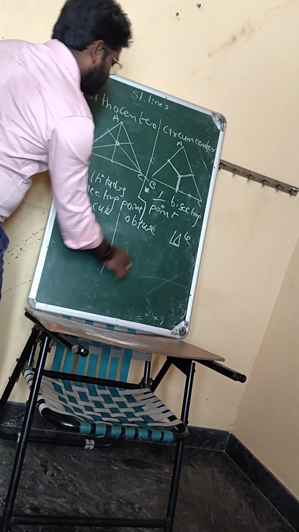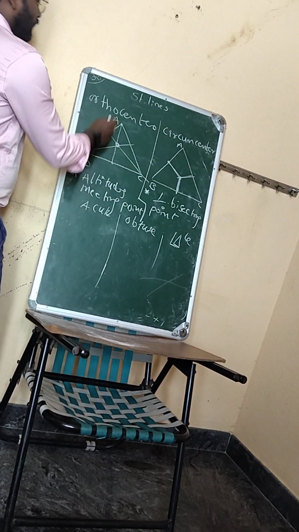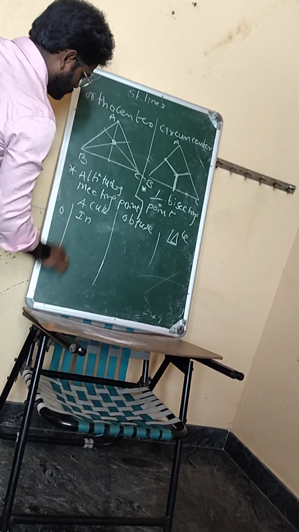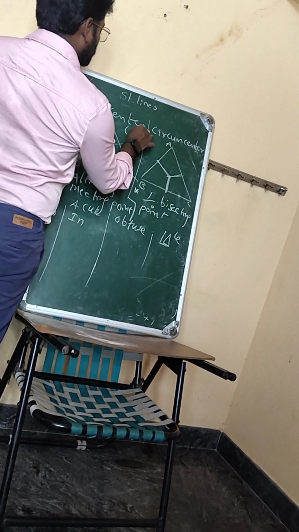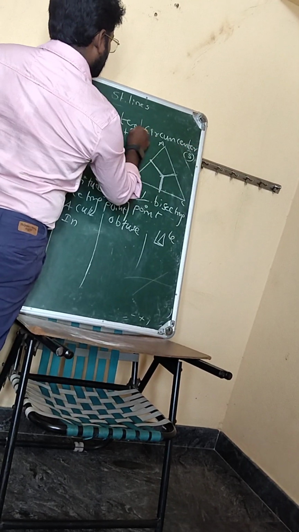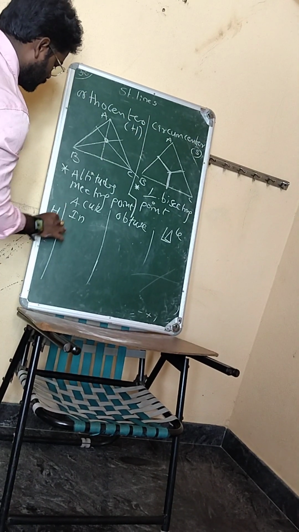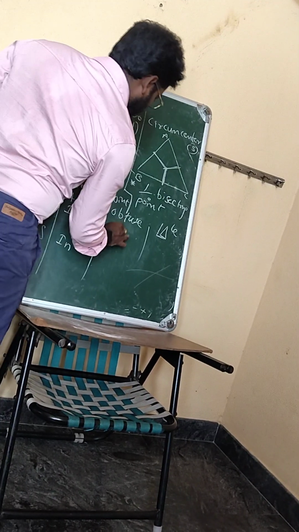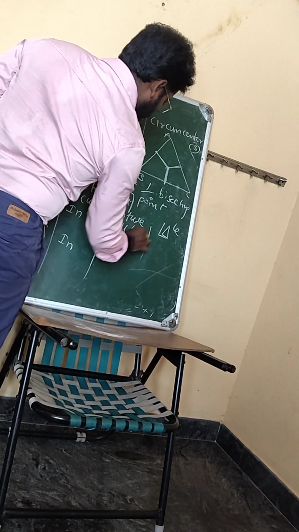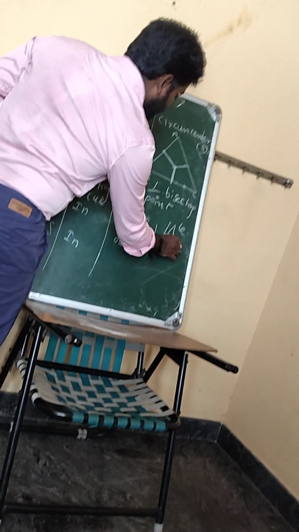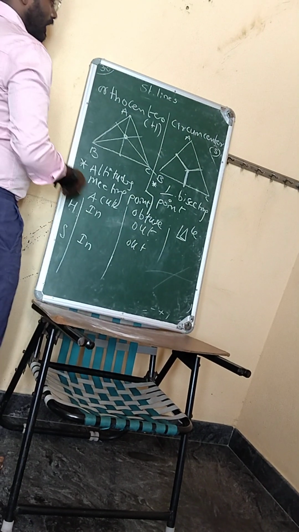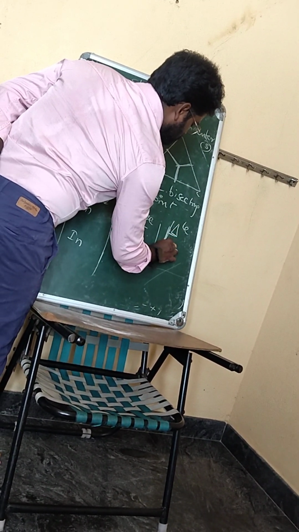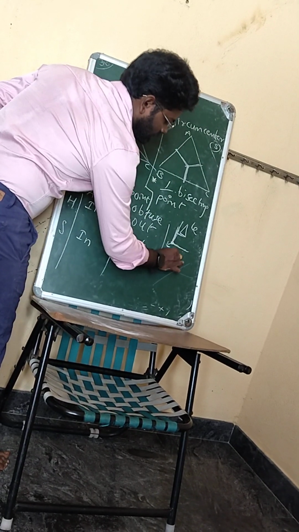Acute and obtuse: orthocenter inside, same, inside. Outside, same, outside. And here small difference. Orthocenter means here. This is the orthocenter point.